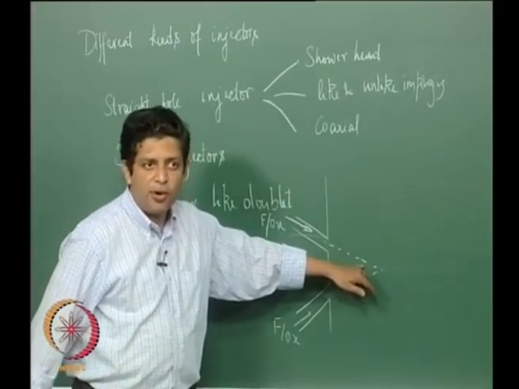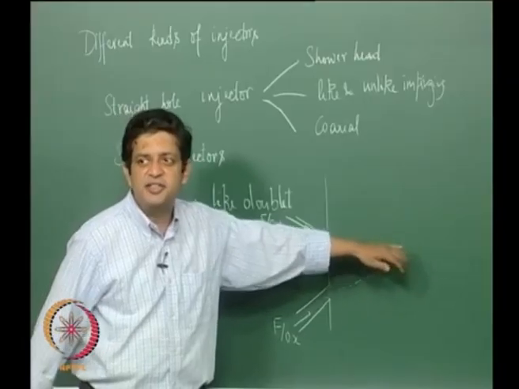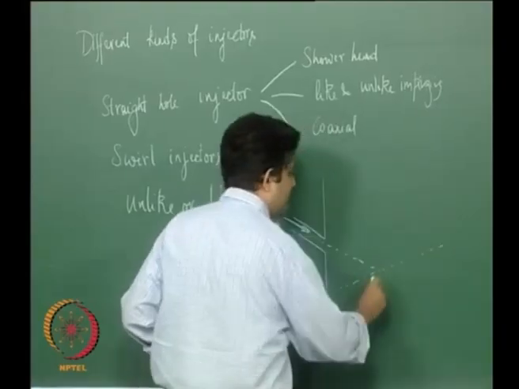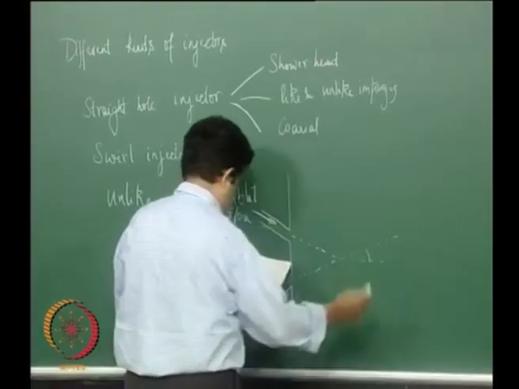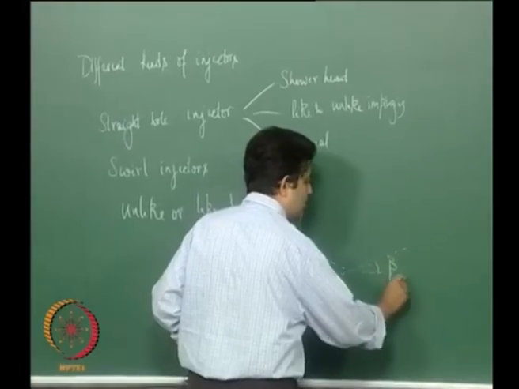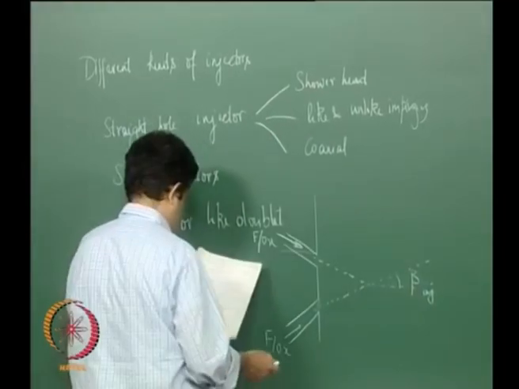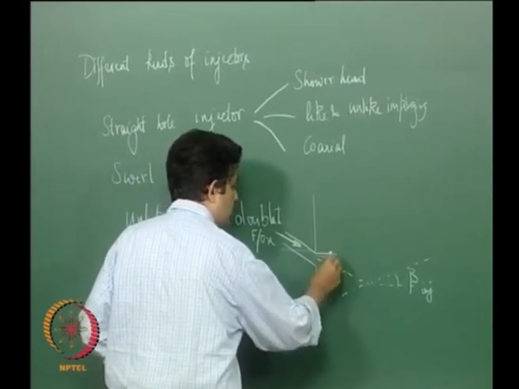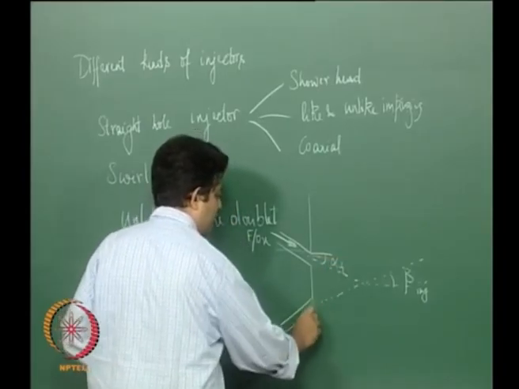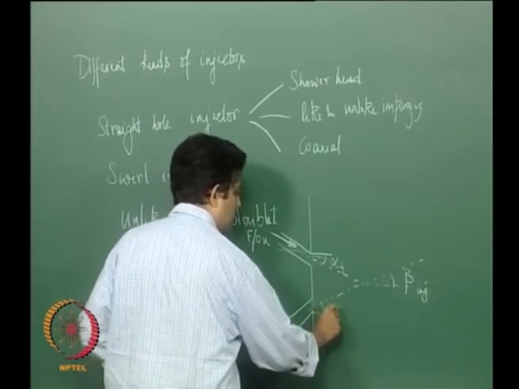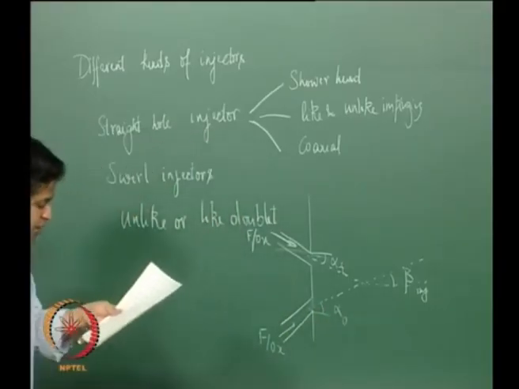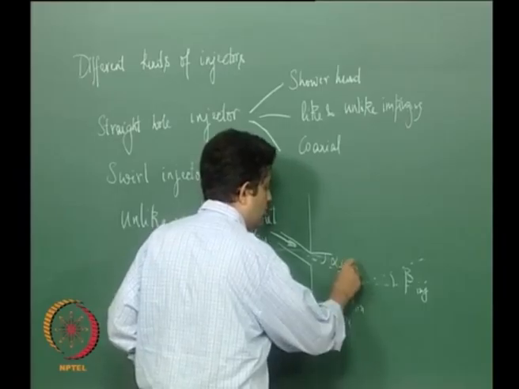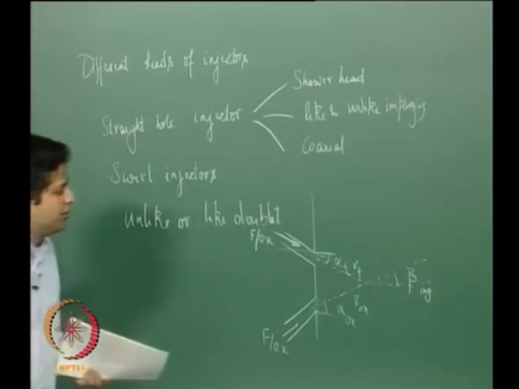These jets interact at some point, and the resultant direction in which the jet goes off is given like this. So this angle, let's call it beta injector, and this is alpha F, alpha OX, VF.